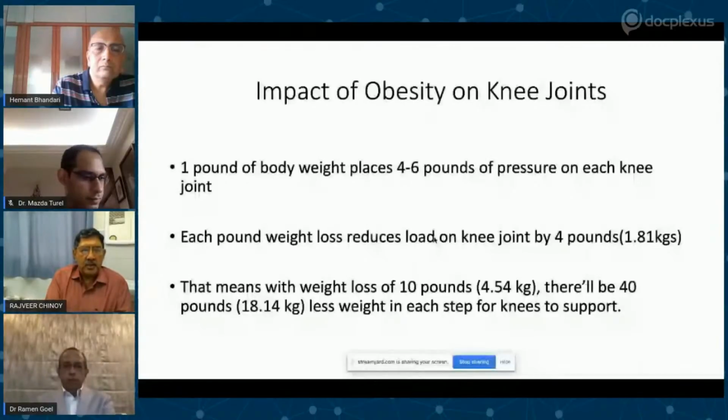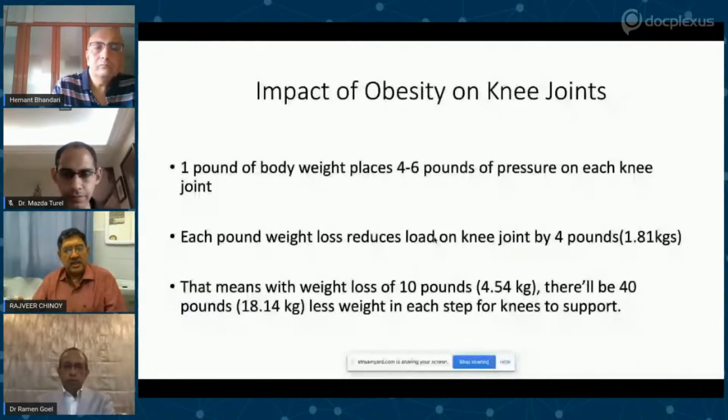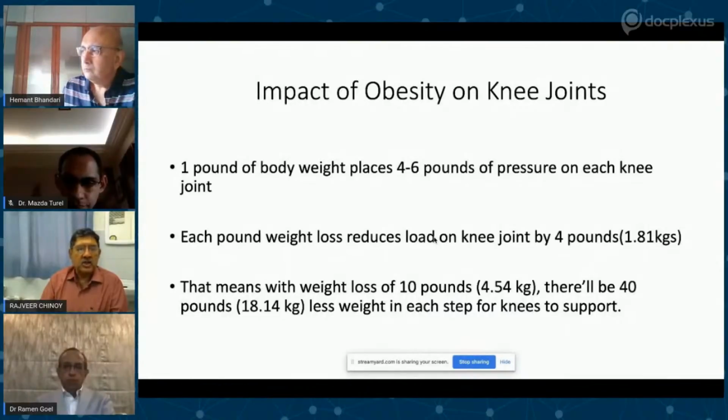You think, okay, the patient has lost 2 or 3 kilos, but their benefit is huge. It also improves their motivation and makes them take steps to lose more weight. Like you said, 1 pound of body weight places 4 to 6 pounds of pressure, so when you reduce it, you get exponential benefit.